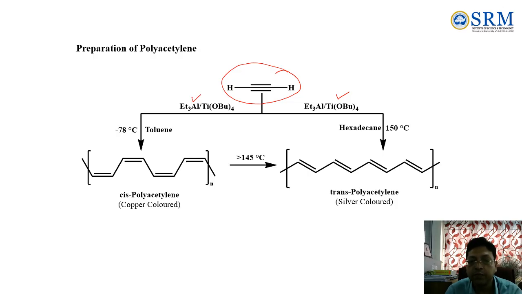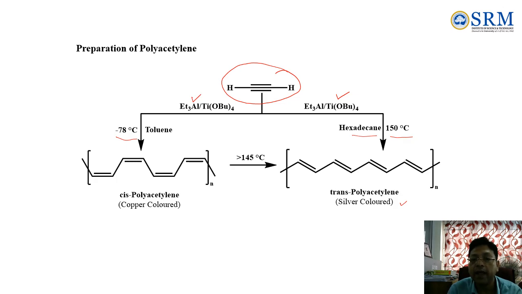It can be cis polyacetylene or trans polyacetylene. If the temperature is maintained at minus 78 degrees Celsius in the presence of toluene, it undergoes addition polymerization and generates cis polyacetylene, which is copper colored. And if the reaction is carried out at 150 degrees Celsius in hexadecane solvent, then it generates trans polyacetylene, which is silver colored.